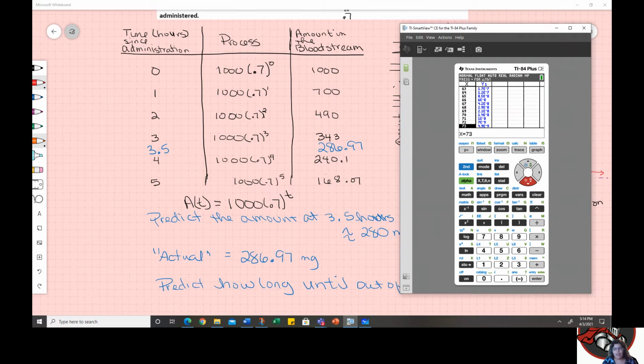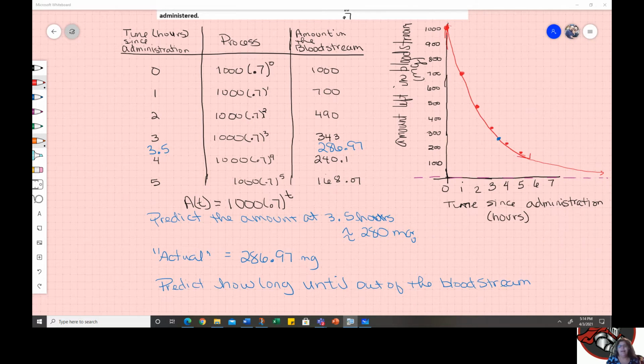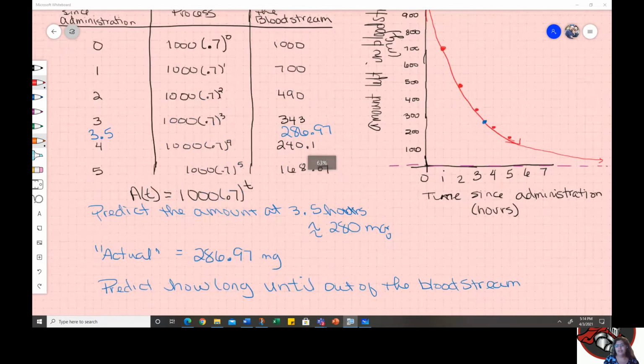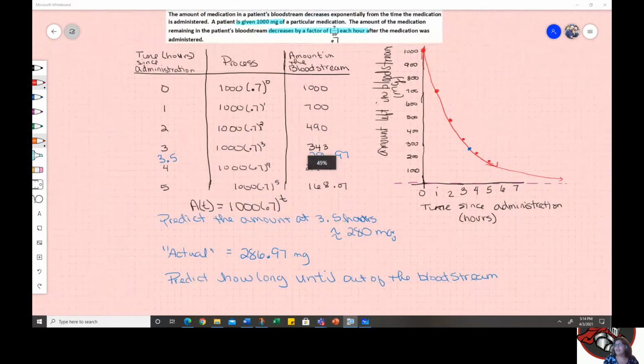So we're going to say that it's never out of the bloodstream. However, after 20 hours, it was at least below 1 milligram.